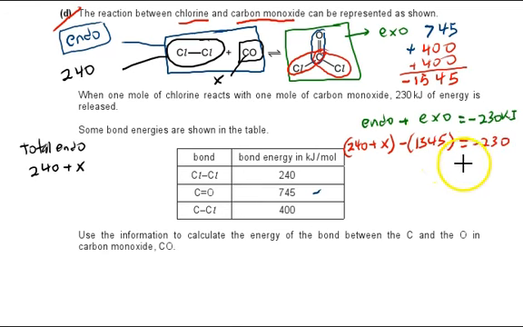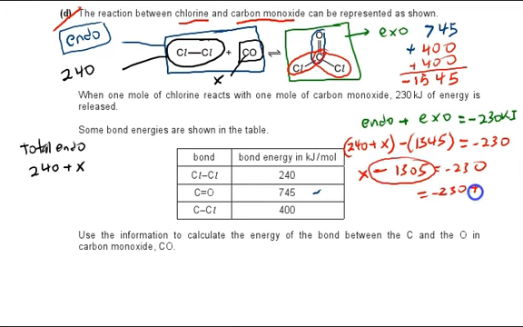Now we have to do the mathematics. So you are getting X minus 1305, and this one moves to the opposite side.